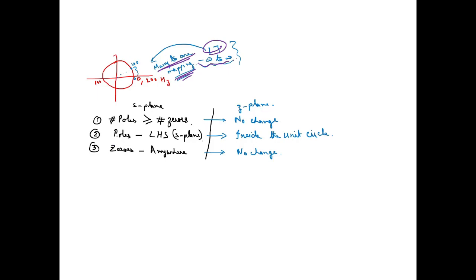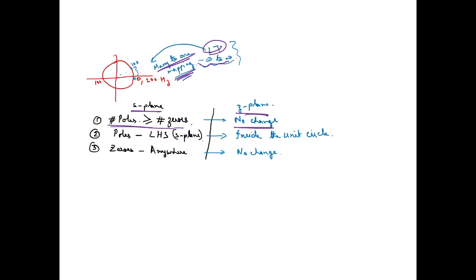Then, if we want to design some filters, what are the considerations, the similarities and dissimilarities? In the S plane, the number of poles should be greater than or equal to the number of zeros. In the Z plane, while designing digital filters, there is no change in the criteria. The same criteria would be there.